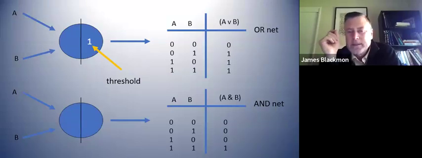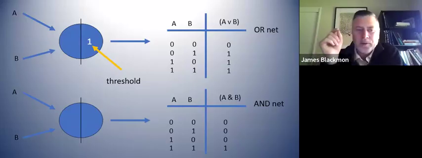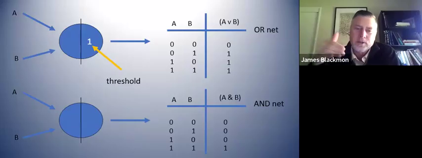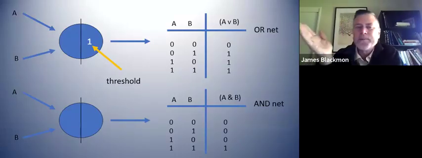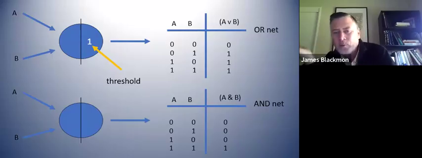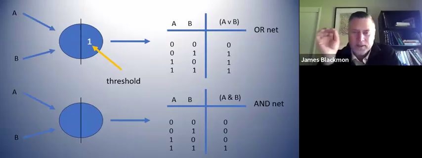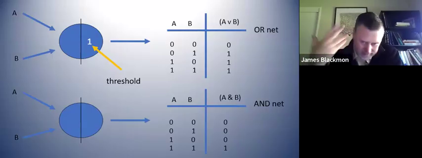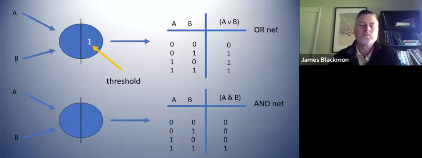The only case in which it will not produce an output of 1 is when both A and B are silent, when their inputs are zeros. So 0 plus 0 is 0, and it's not equal to or greater than 1. So it doesn't meet or exceed the threshold, and it produces 0. The and neuron needs to work differently.